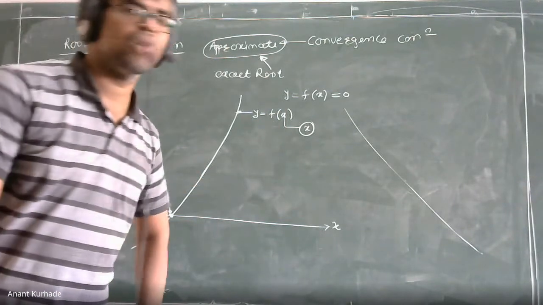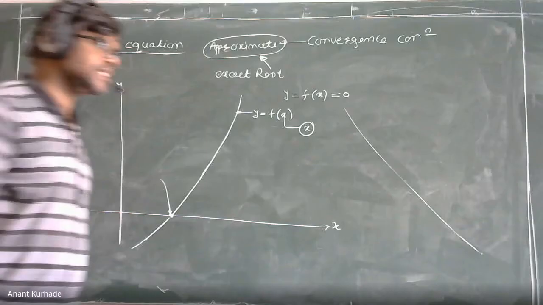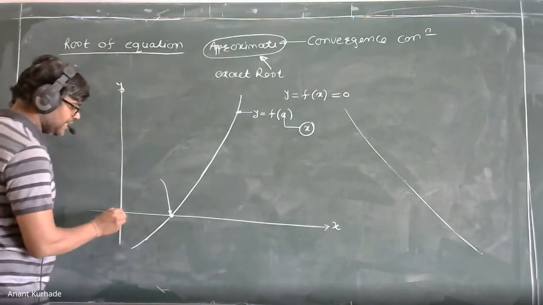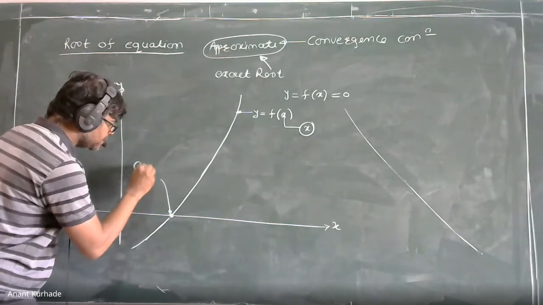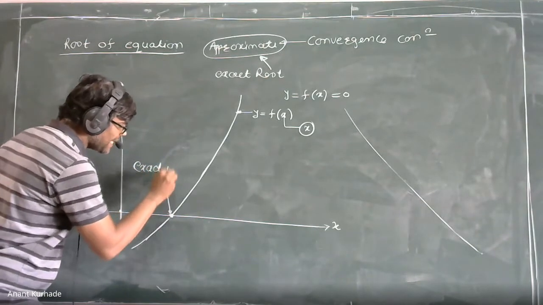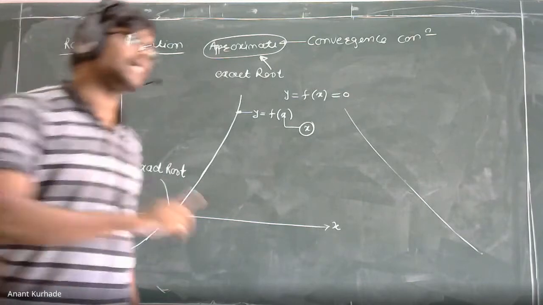Tell me. 0. Because at here y is 0. It means this value of x is the exact root.